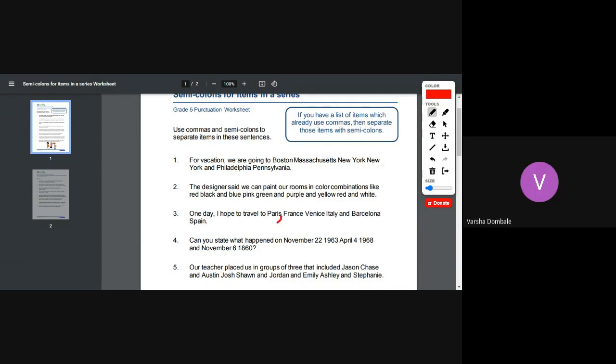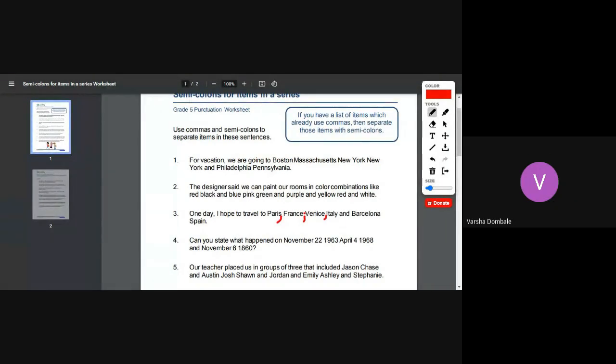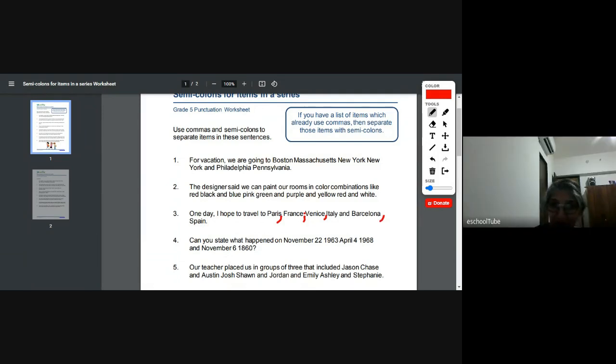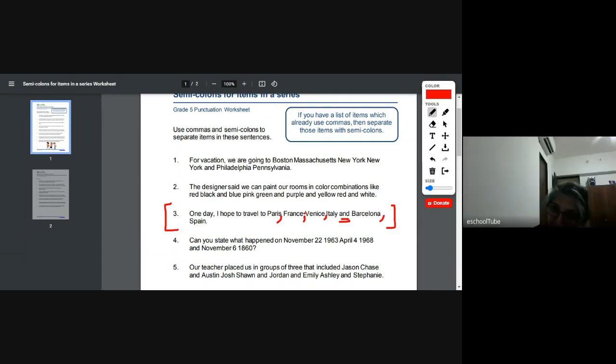And then after France, we will put a semicolon. After Venice, we will put a comma. Then after Barcelona, we will put a comma and full stop. Very good. Did everyone understand this? Well done. Miss, I have not put one after Italy because there is an and. Very good. Well done.